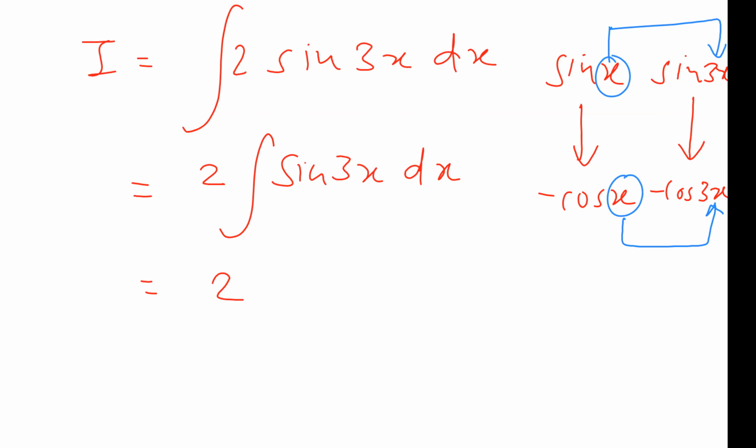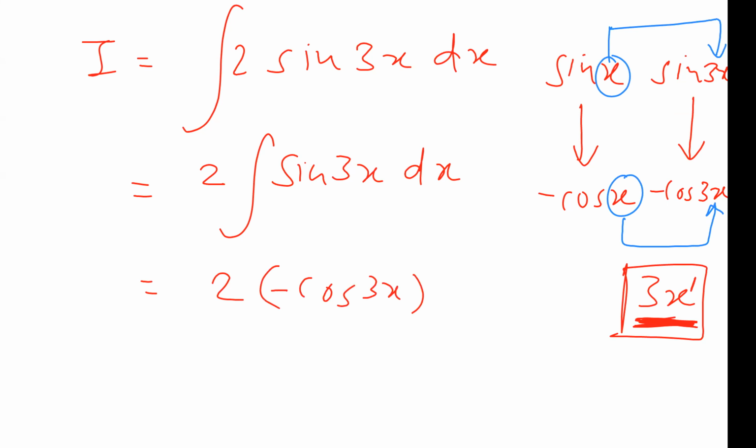So is 3x a linear algebraic term? Yes, it's an algebraic term because x is in the base and power of x is 1. So it is a linear algebraic term. So minus cos 3x. Since there is a minus sign, I'm putting this bracket. Why do we need to place this bracket? Because there is a minus sign, upon d by dx of 3x.